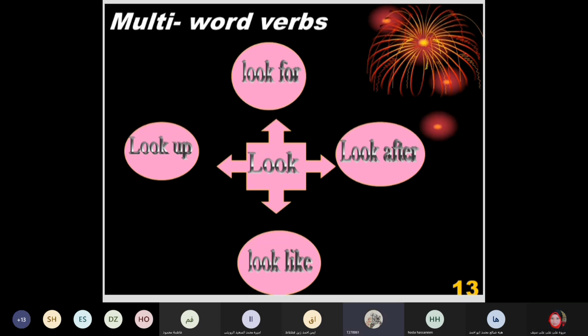Like look after? The particle is after? Turn off, turn on, get up. The particle is up or on?